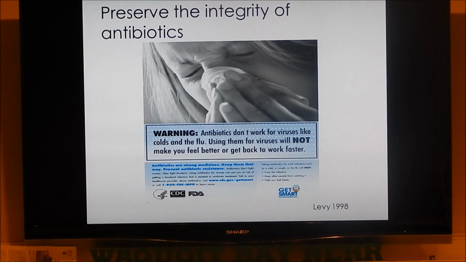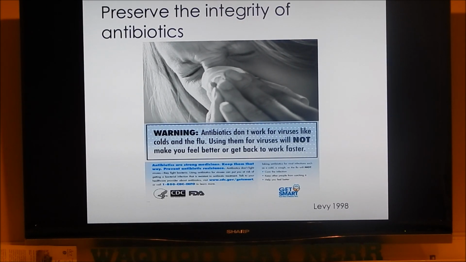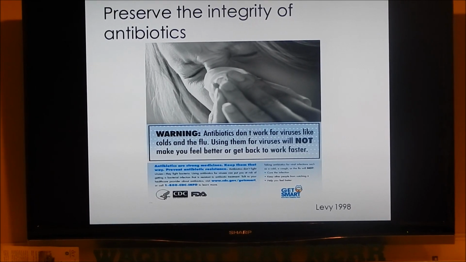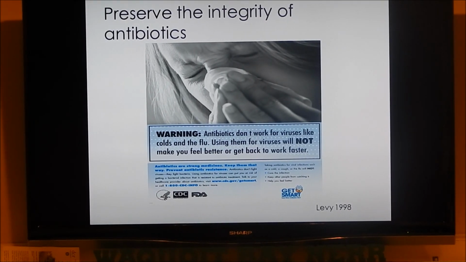And as we talked about earlier, it could potentially hurt you because you're killing off your good bacteria in your gut. So you shouldn't ask your doctor for antibiotics if you don't have an infection. That said, if you do have an infection, you should take your antibiotics and you should take all of them, because that helps to make sure that resistance doesn't occur.